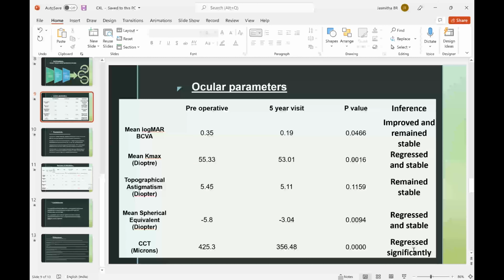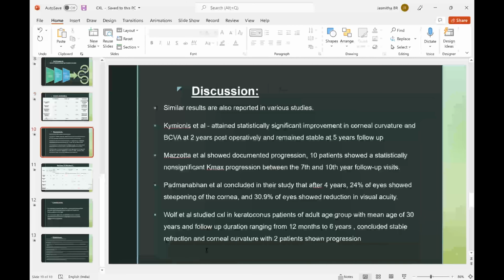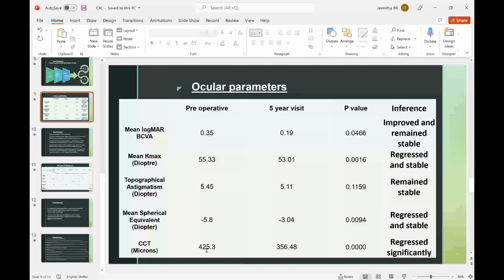Yes, sir. But however, the mean corneal thickness was 425, sir. Yeah, that means slightly on the advanced side. Advanced. They wouldn't be happy with the spectacles. They would require some amount of rehabilitation with rigid contact lenses.